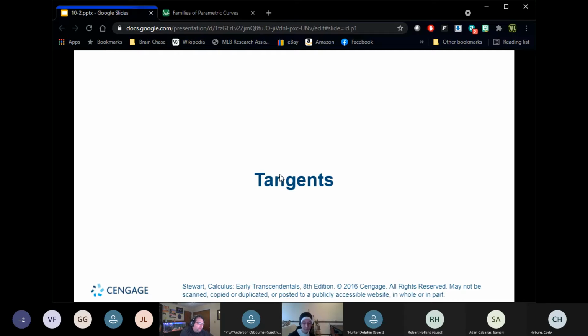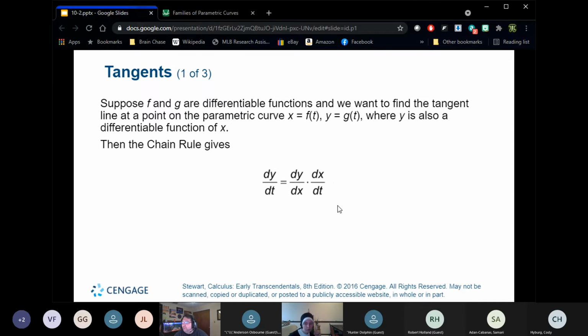We're still going to be looking for tangents. We're going to be looking for areas. We're going to be looking for arc lengths, and we're going to be looking for surface area. So those same values are still going to come out to play. The difference is we don't have an x and a y value. We have that t in there. So we have to look at it a little differently than we did before.